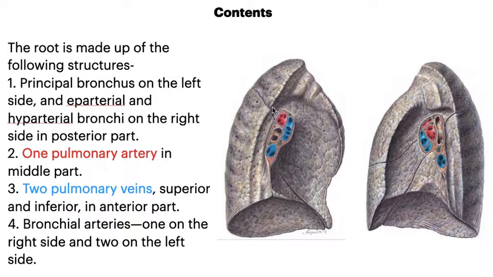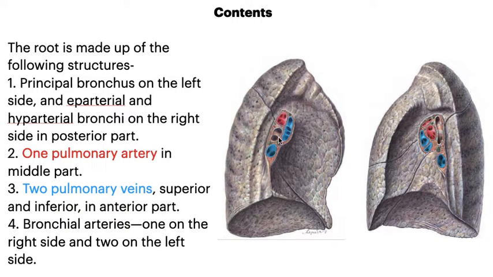One pulmonary artery in the middle part, two pulmonary veins, superior and inferior, in the anterior part. It is VAB: vein, artery, bronchus, from anterior to posterior.